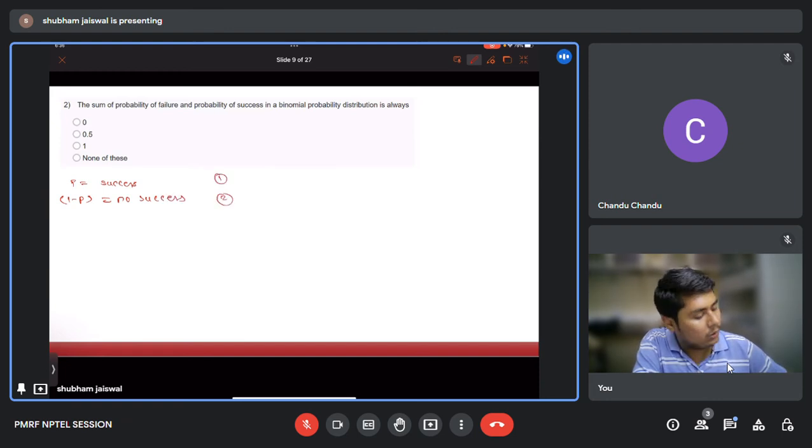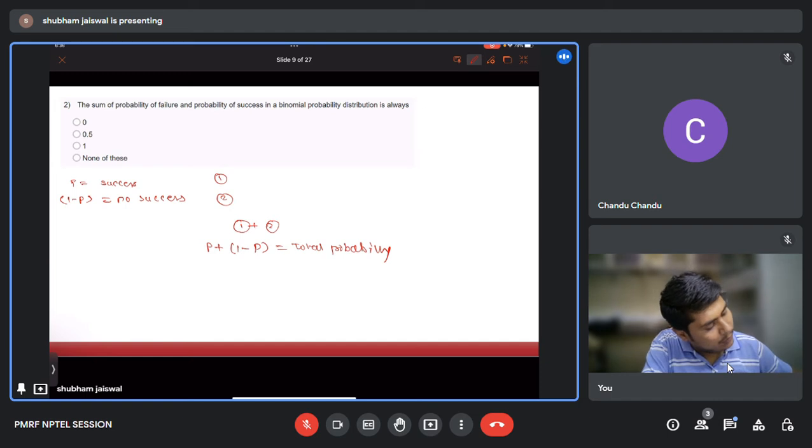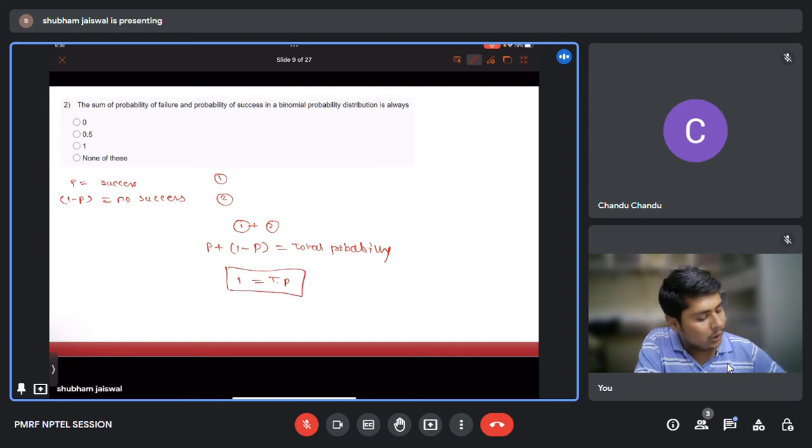So when you add these two probabilities, the total probability will be equal to 1. So the correct answer will be 1. So always remember the probability cannot be greater than 1. Okay.